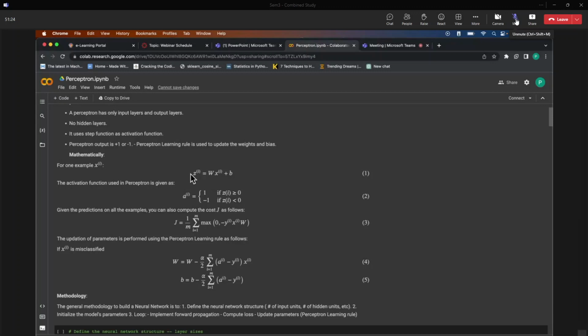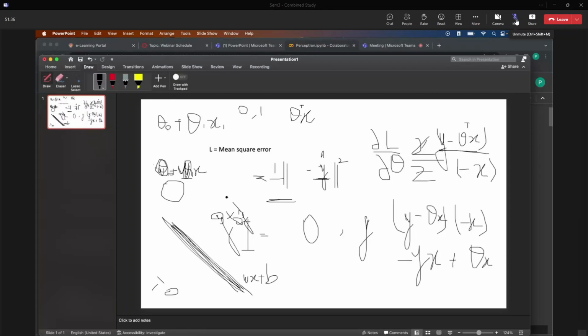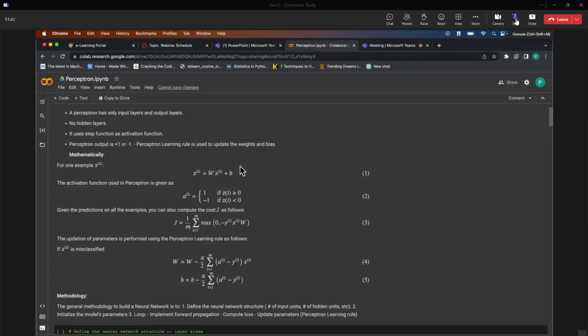This formula gives us a simple linear separable classifying boundary. If the other points are linearly separable, then only we can do a linear classification like this. Then the result is 1 if this value z is greater than 0.